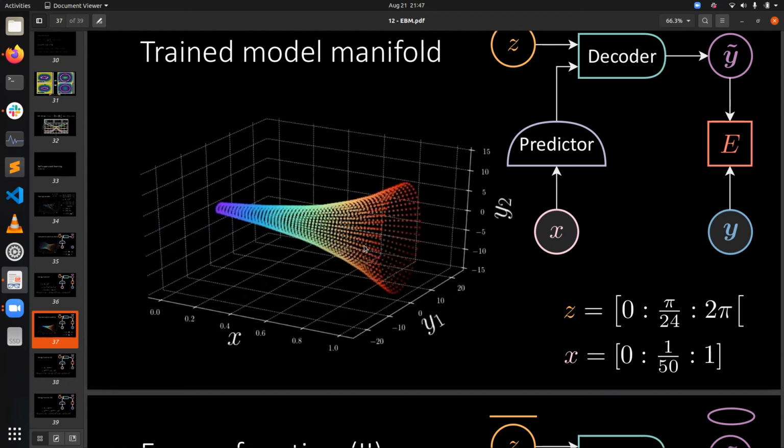If we just sample from the Gaussian, and don't have this predictor and any dependency of z on x, then our decoder would just map the data distribution directly. The z would be just a seed which does not carry any particular information.